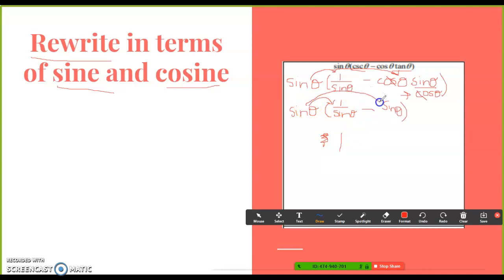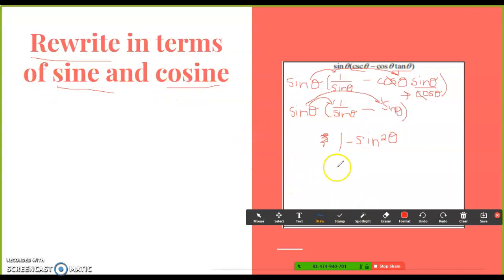And if I multiply the next one, I would have a minus sine of theta times sine of theta. Well, that is just sine squared of theta. And so we are done. We have now rewritten this and simplified this in terms of sines and cosines.